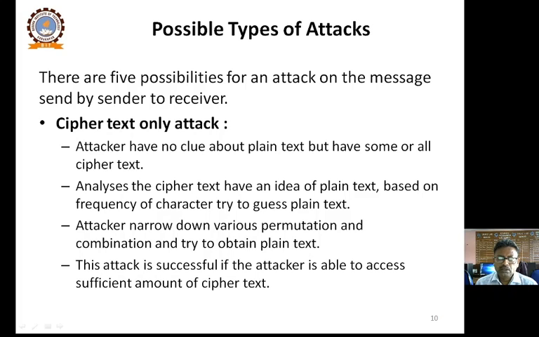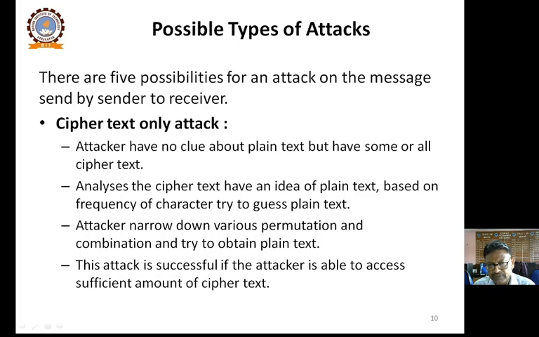Now, for the possible types of attack, there are 5 possibilities for an attack on the message sent by the sender to the receiver. The first is the ciphertext only attack. In this type of attack, the attacker does not have any clue about the plaintext, but has some or all of the ciphertext, because the ciphertext is traveling on the network.